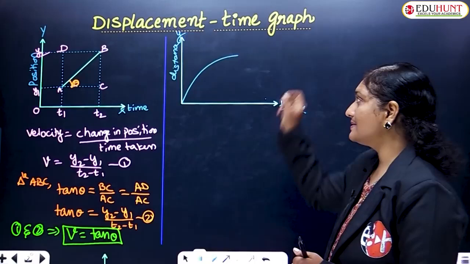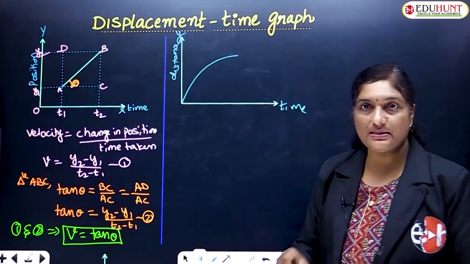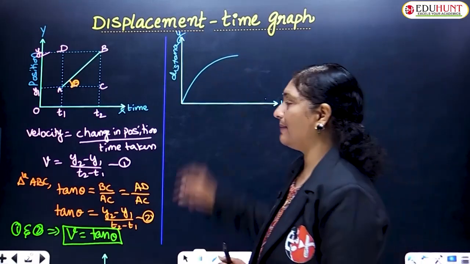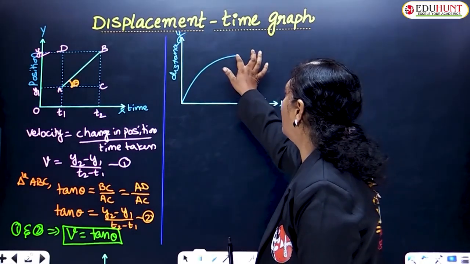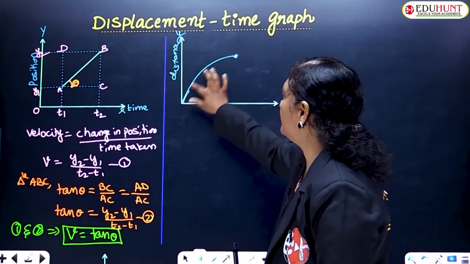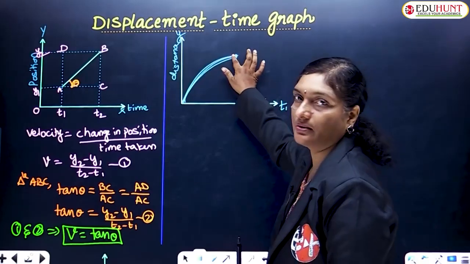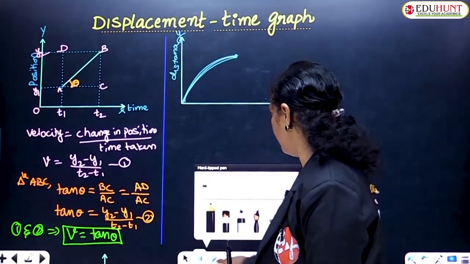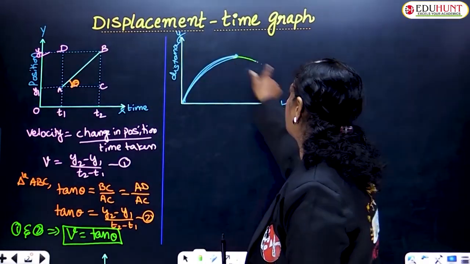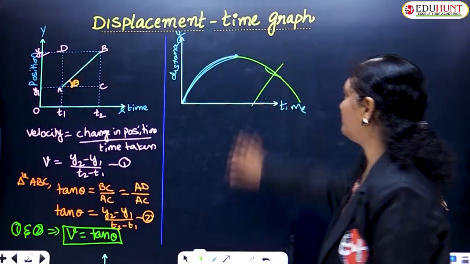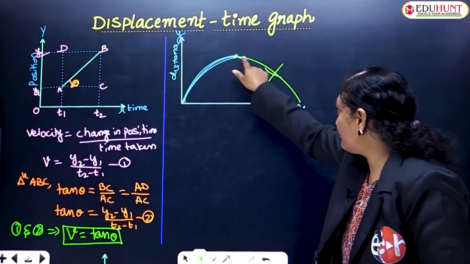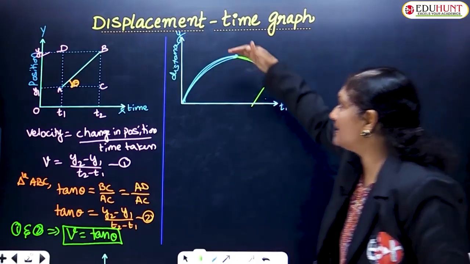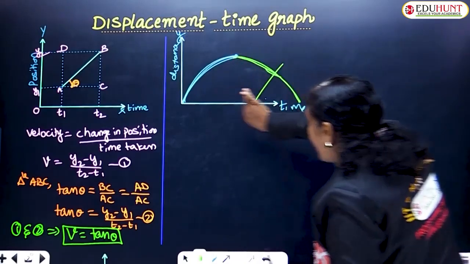As the distance is always positive, the curved shape we observe cannot go upward and then come downward like this. It is not possible. Why? Because if the graph is coming down, it indicates that the distance is decreasing as time passes.